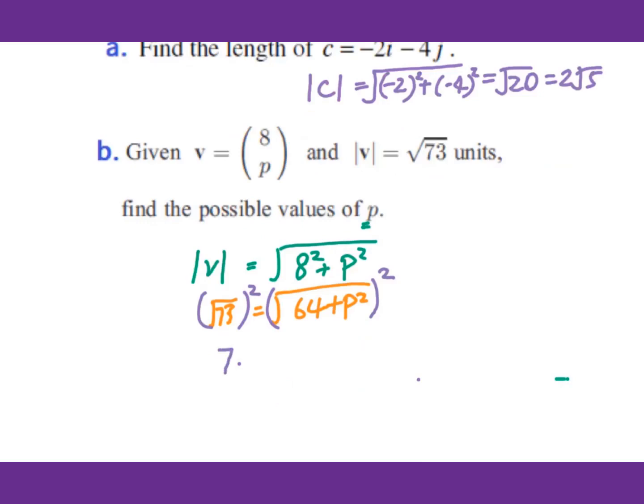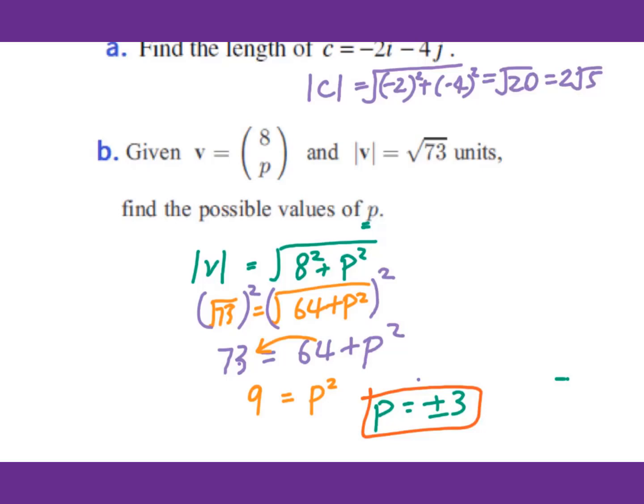You will get 73 equals 64 plus p squared. This is a power pattern equation, so we need to isolate p squared on one side. Subtract 64 from both sides. You will get 9 equals p squared. Take the square root of both sides, and you will get p equals plus or minus 3. This will be the solution.